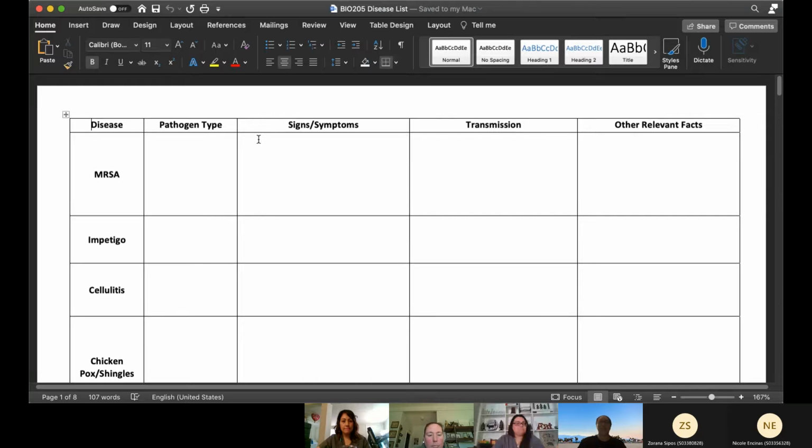Signs and symptoms, well, guys, it usually looks like a pimple that's gone wrong. So it's like a pimple that turns into a boil that spreads across your skin. Later on, if it gets into your blood, it can cause septicemia in some variations. It causes cellulitis as another potential complication.